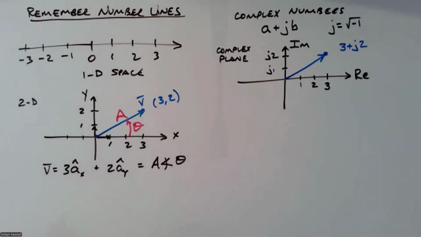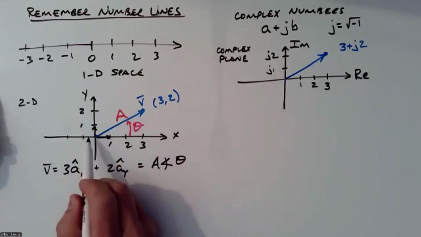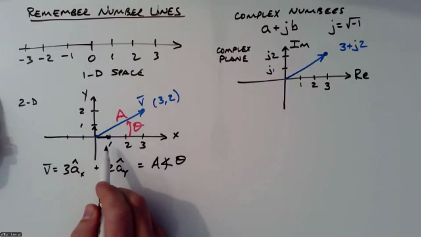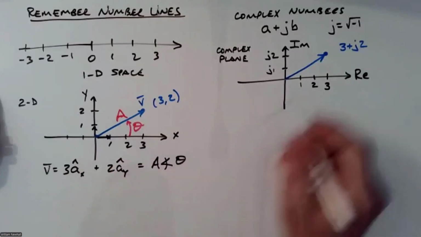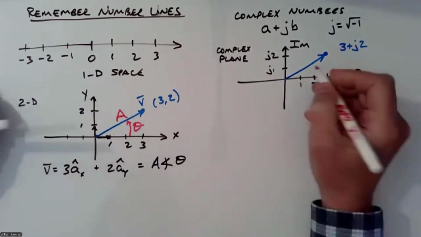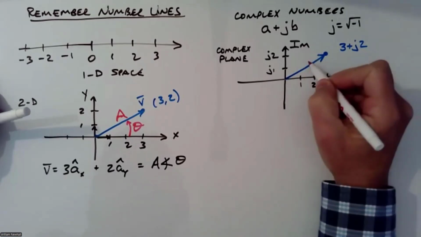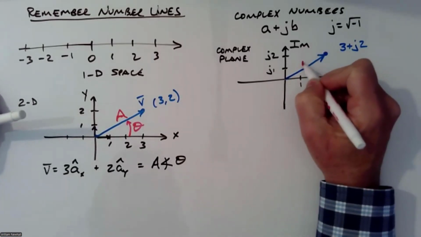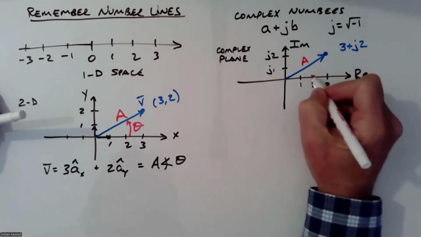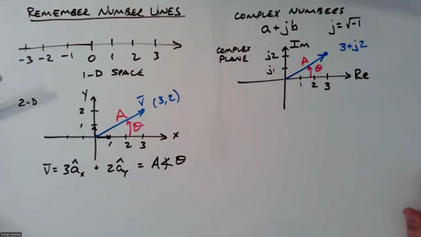Now, just like on this two-dimensional XY plot here, where you can have a polar coordinate system, you can do the same thing here. You can express a complex number as having some kind of length A, and having some angle up from the real axis, theta, right?